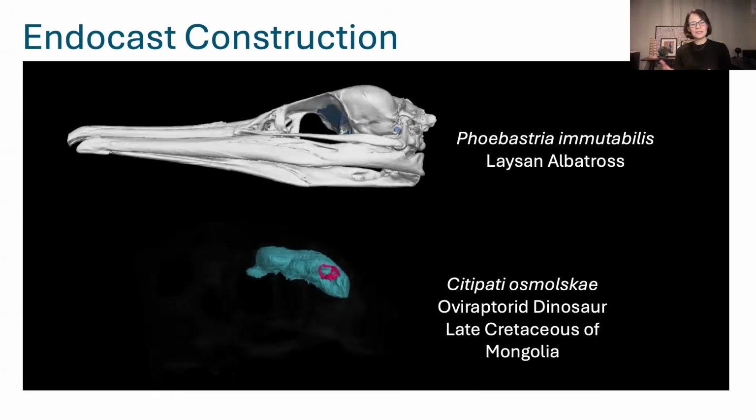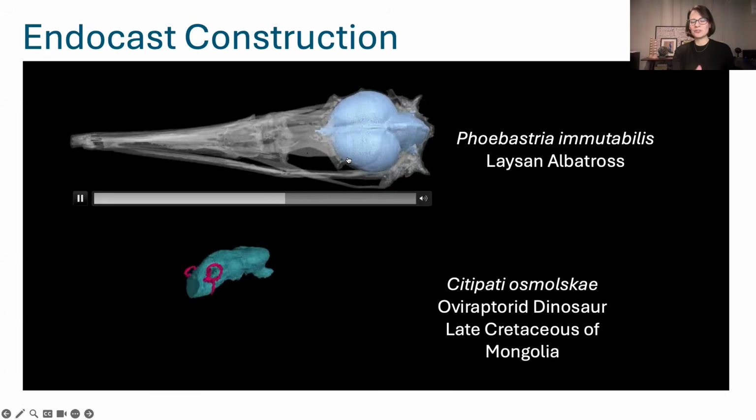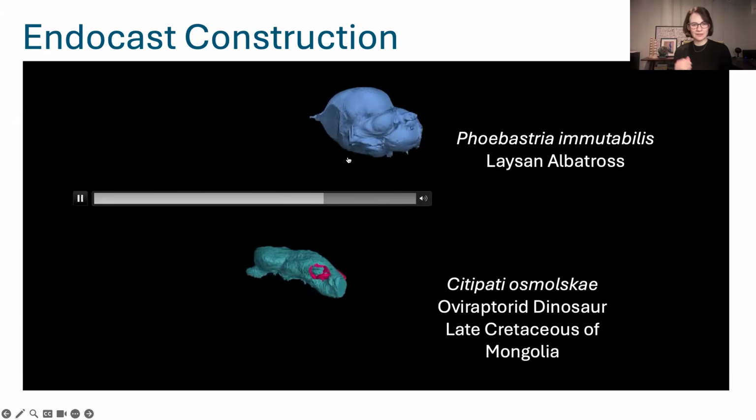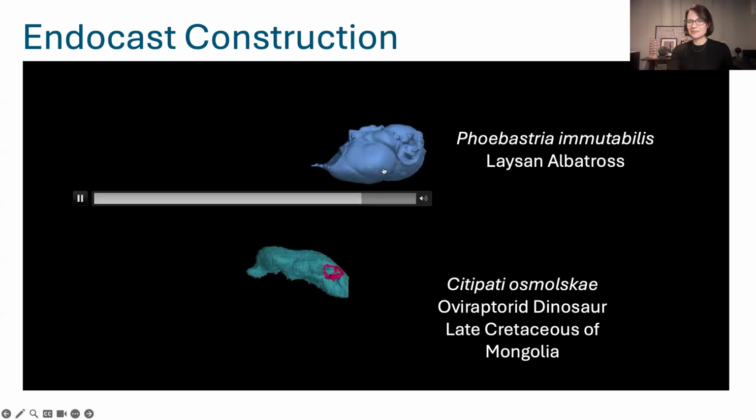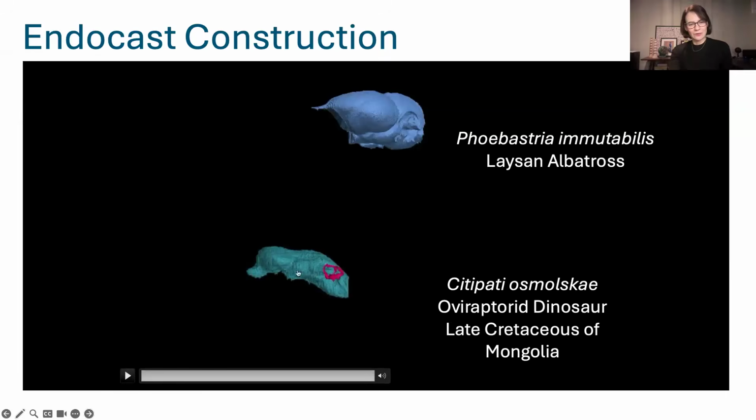And so it's really easy to do this for living animals. So at the top is the albatross that we were looking at the scans of. And you can see this endocast looks very much like the bird brain that I showed you earlier. But we can also do this for this Oviraptorosaur dinosaur that went extinct over 90 million years ago.